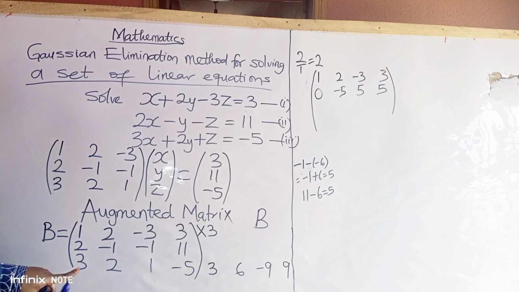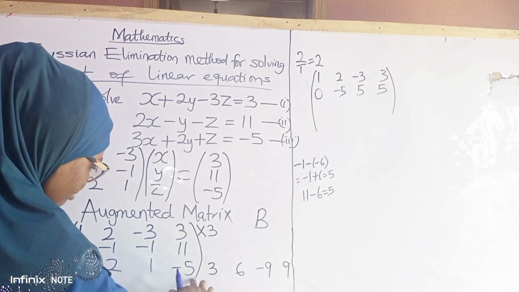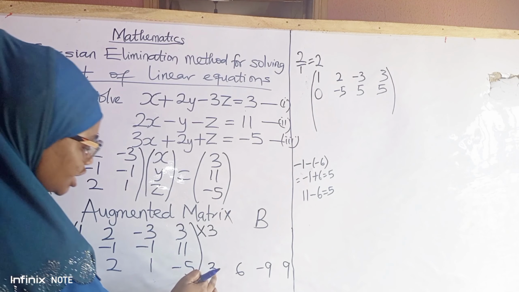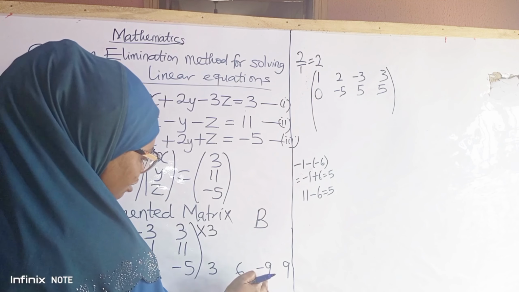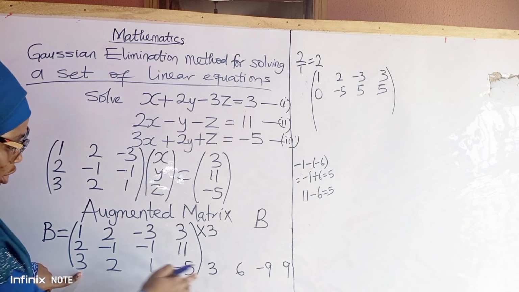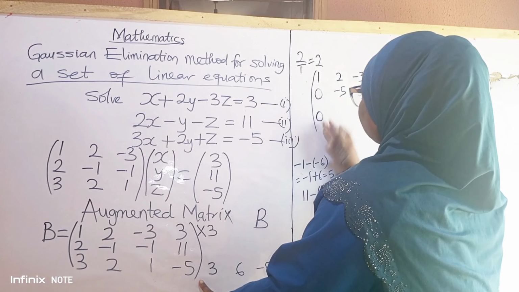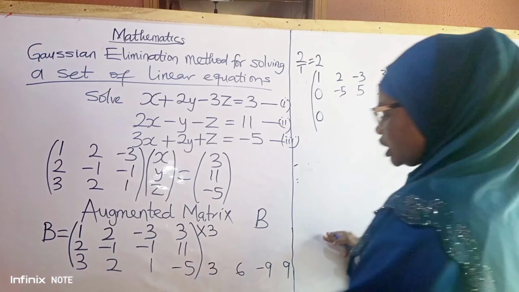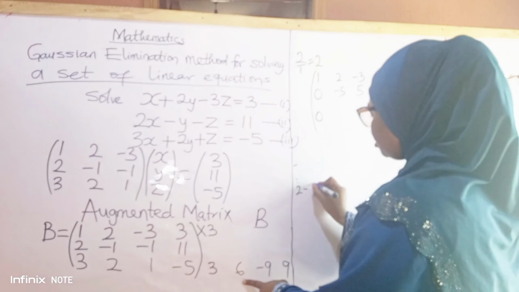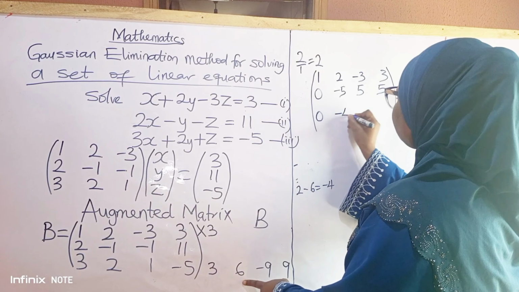Now we go to the last row of the augmented matrix, that is 3, 2, 1, minus 5. Take away these 3, 6, minus 9, and 9. So it will be 3 minus 3 is equal to 0. 2 minus 6 is minus 4.